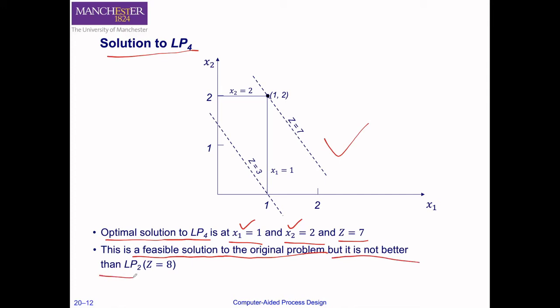This is because the maximum objective function value from LP4 is equal to 7, which is smaller than the maximum objective function value from LP2.